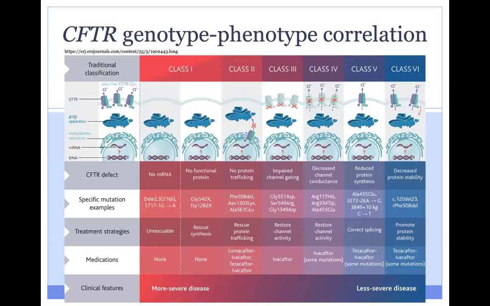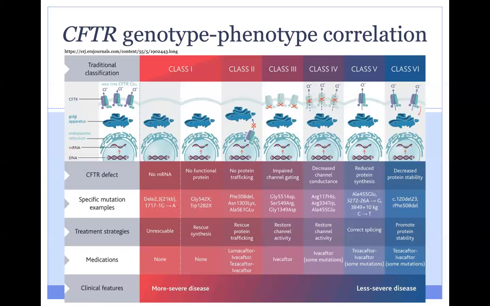And the relevance of this is that if you look at the bottom row here, the clinical features tend to be more severe with those genotypes where you completely lose function. That could either be due to a truncating variant or to a deletion, as you see here in the specific mutation examples. And then in contrast, if you have a missense variant, it tends to be less severe.